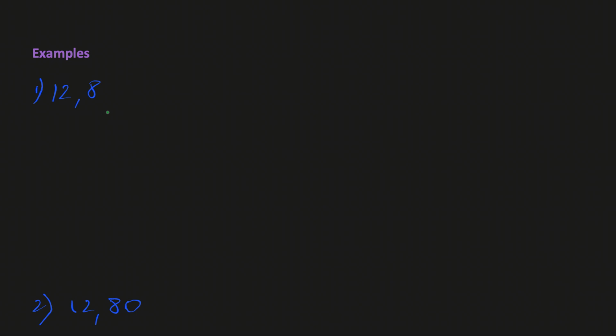Let's say we have two numbers, 12 and 8, and I have to find the LCM of 12 and 8. We'll go through two methods, as I said earlier. The first method is to list down the table of 12 and the table of 8.